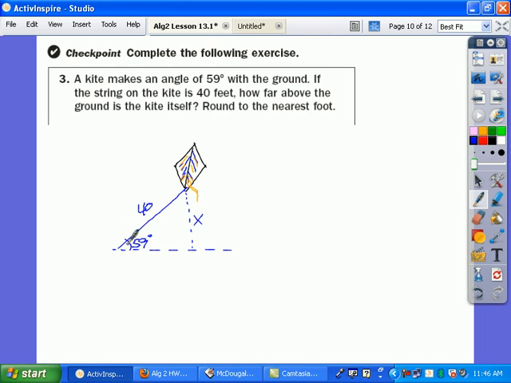So what trig function uses opposite and hypotenuse? Must be sine. And so now we proceed. Sine of 59 equals opposite over hypotenuse, x over 40. To solve for x, we multiply by 40. 40 sine of 59 equals x.